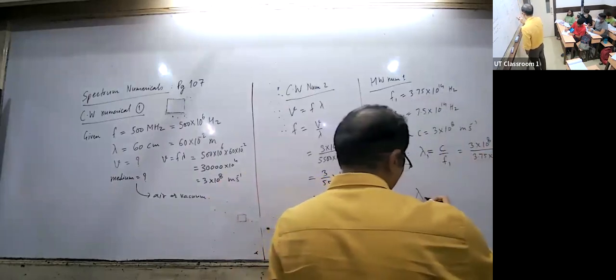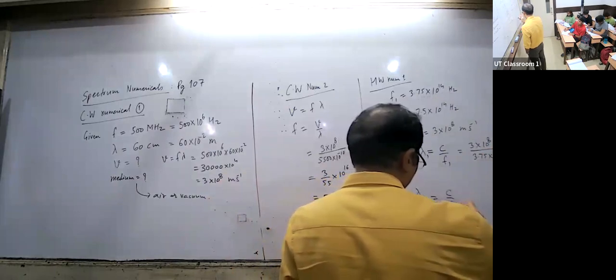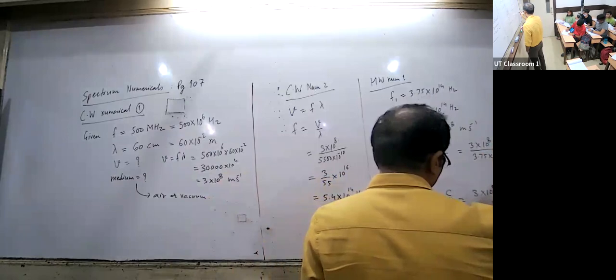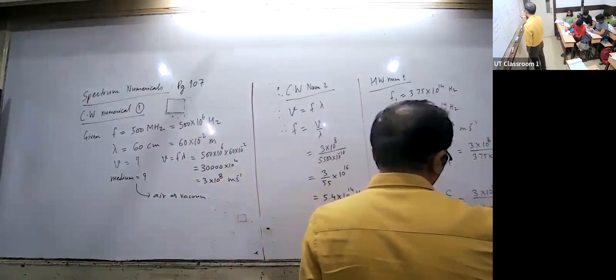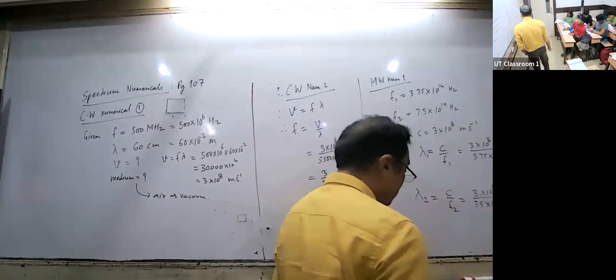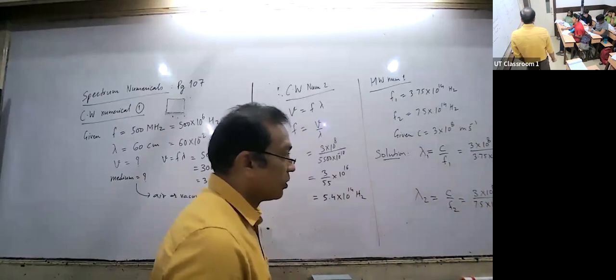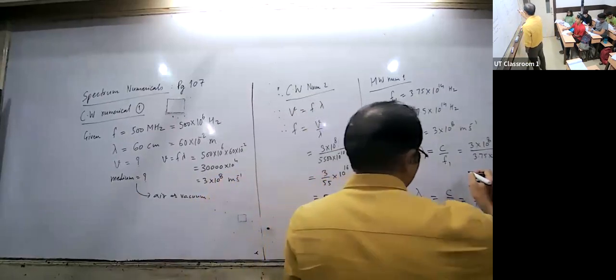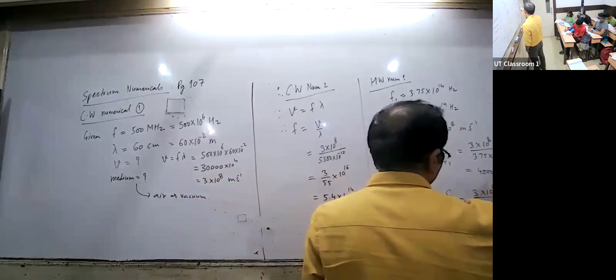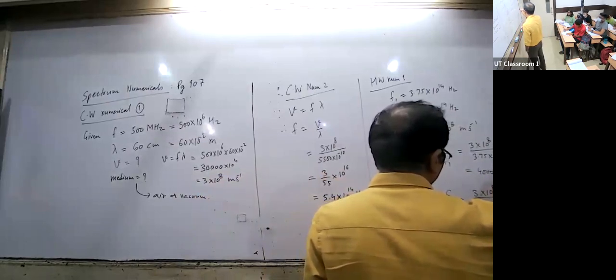And F2 will be equal to C by F2. So solve this, upon 7.5 into 10 raised to 14. Okay, so you should get this as 4,000 angstrom. Will you get it?